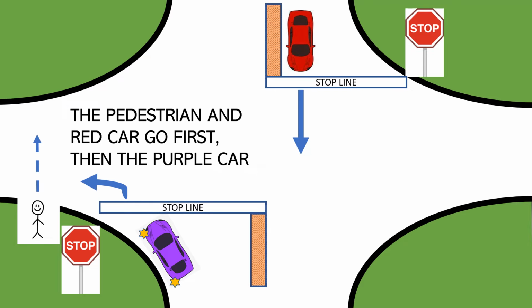Now, as a driver, you are not allowed to gesture or wave to the pedestrian to encourage them to step onto the road. It must be the pedestrian's own decision to step onto the road. So all you can do here in this situation, if the pedestrian doesn't walk, is to make eye contact, just to let them know that you can see them.